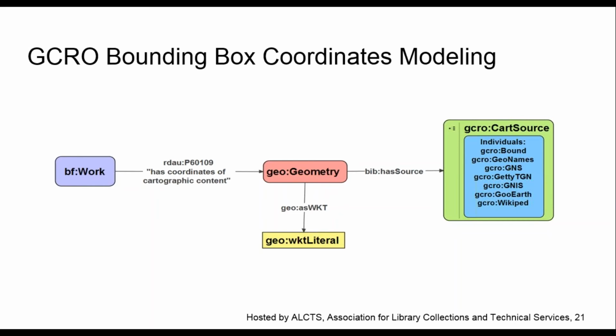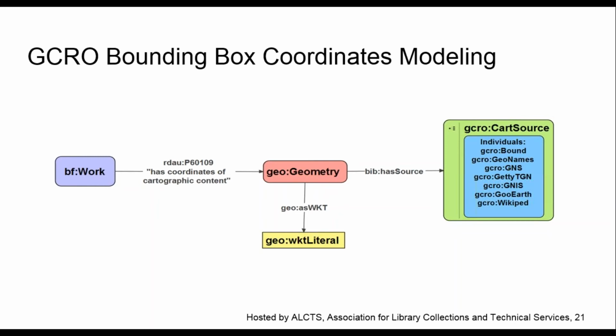In this case, we are also using the GeoSPARQL format for describing the coordinates. Geo as WKT, that property, WKT stands for well-known text. It's a literal, but what the geo WKT literal is, is a standard encoding format for representing different types of coordinate geometries.